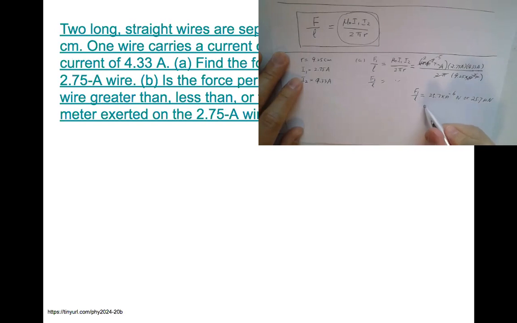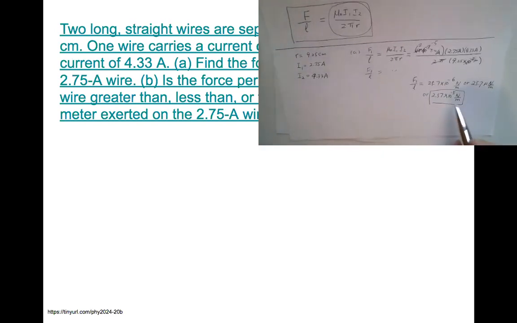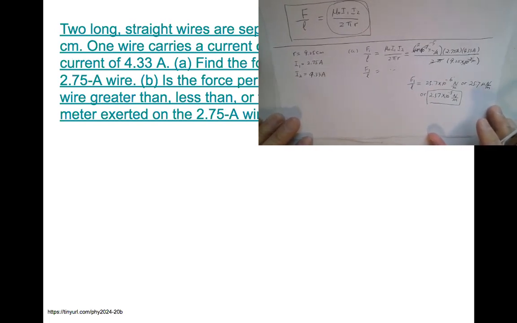Or if you plug in all the numbers, this should be per meter. You should get 2.57 times 10 to the minus 5 newtons per meter. That should be your answer, but either one, it doesn't really matter. So this is the magnitude of the force exerted on the wires.